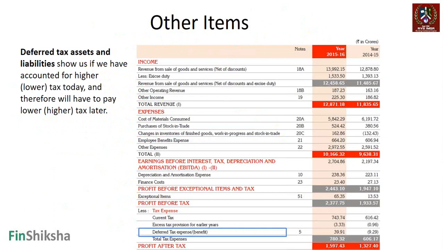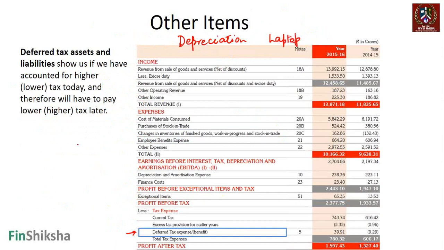One last item that we see is a deferred tax expense benefit, right? Now, this deferred tax typically comes from, let's take an example, depreciation rates for a building or a laptop.